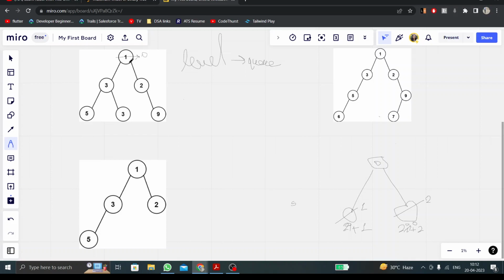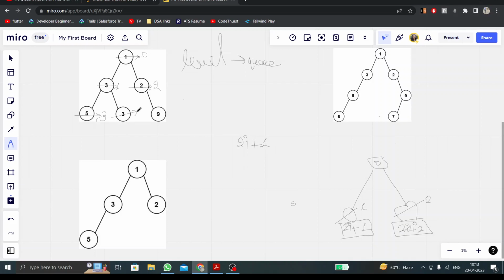I'm indexing the parent node as 0. By this formula, 2i plus 1, its left child would be indexed 1, and its right child would be indexed as 2. Again, 1's left child would be indexed 3 by the formula 2i plus 1, that is 2 into 1 plus 1, 3.